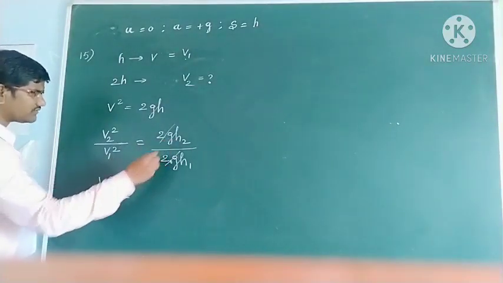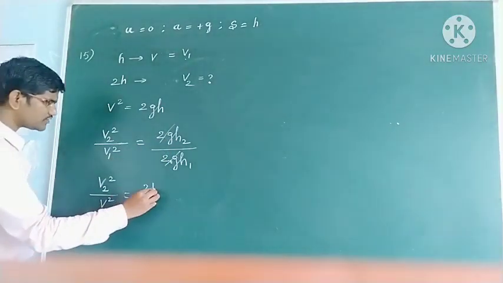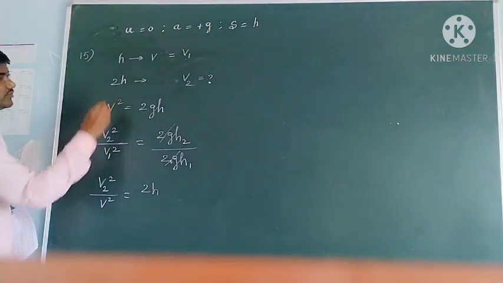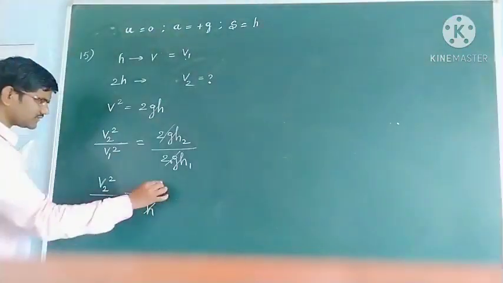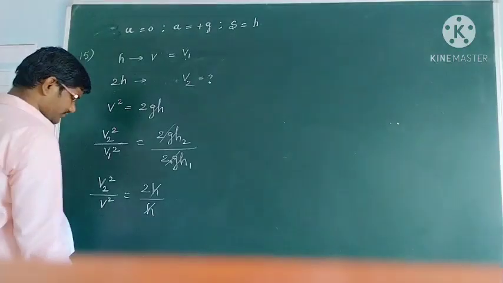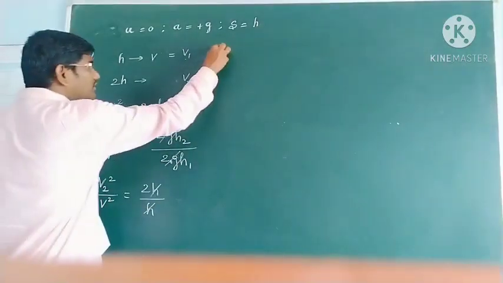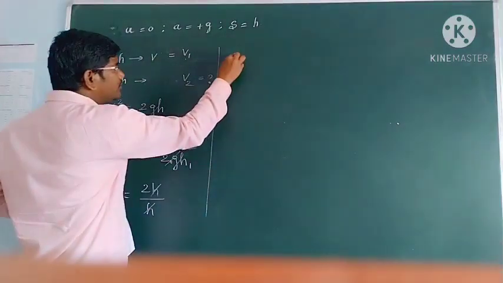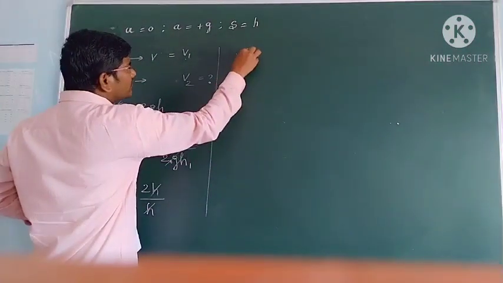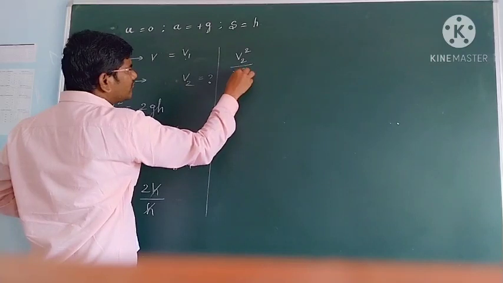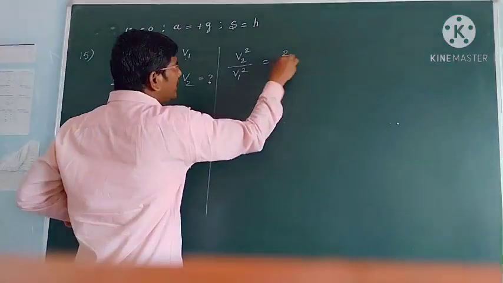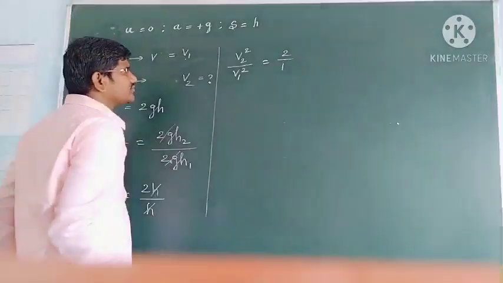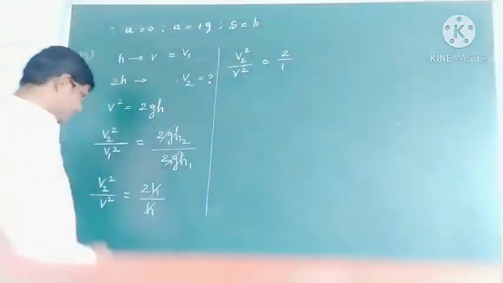So what is left? h2 you know, h2 is after falling the height of 2h. h1 is for h, and this gets cancelled. So what will you get, students? v2 square by v1 square is equal to 2 by 1. So this v1 square is v square already.